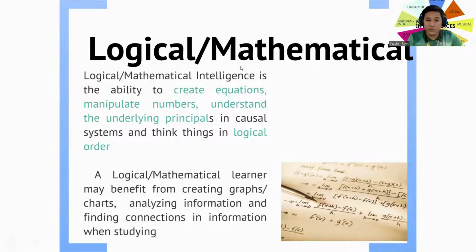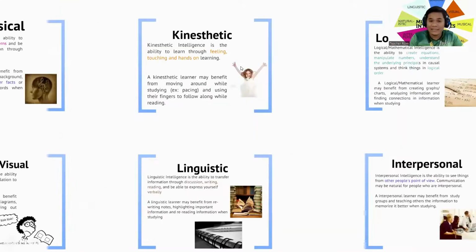There are also students who love to draw charts when learning. For example, even with a story, they write it down so they can understand the story logically. They are mathematically inclined, or they love to hear numbers. This is logical mathematical intelligence.